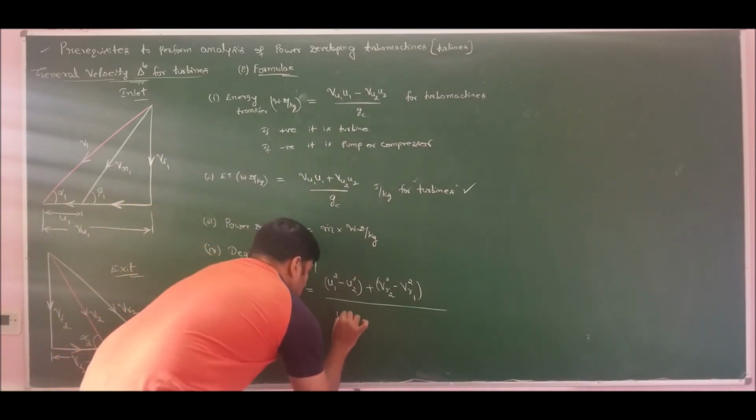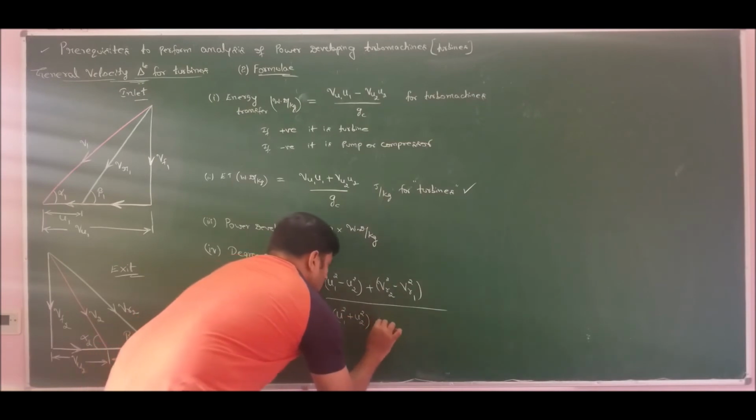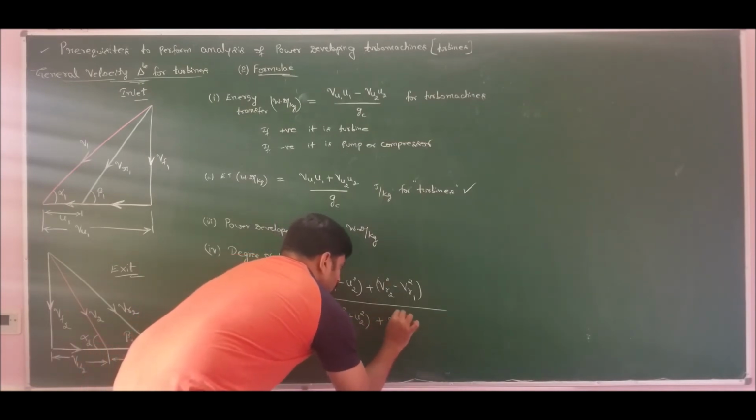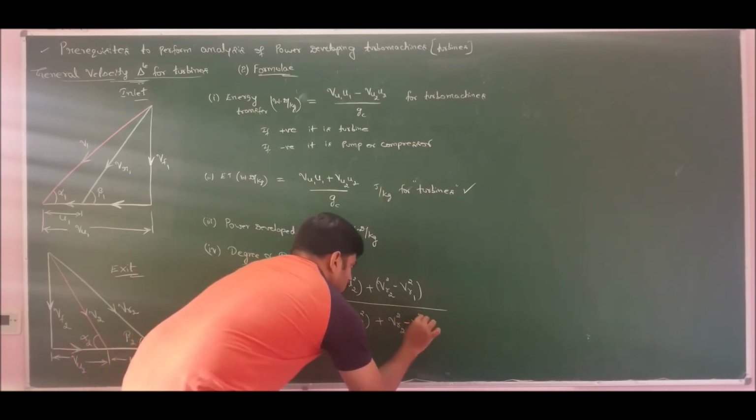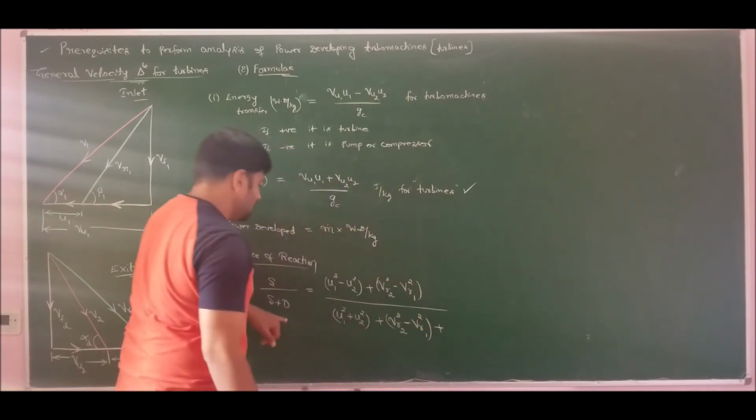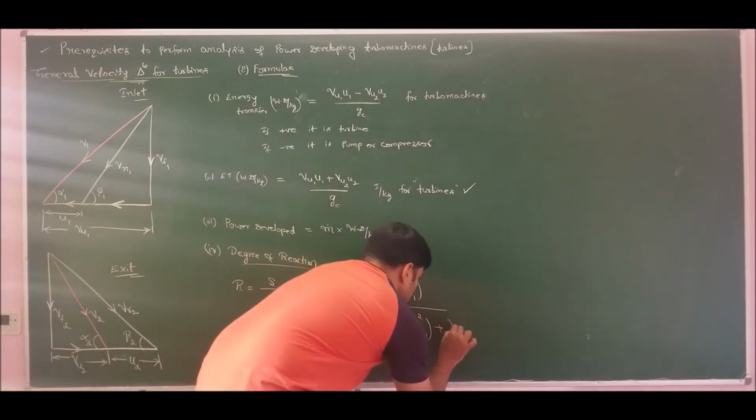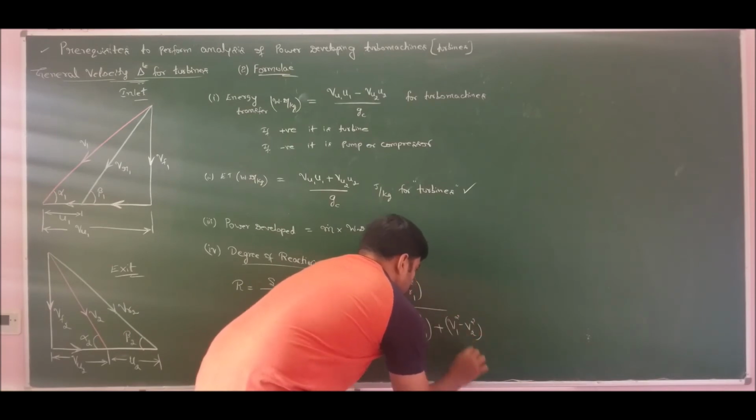Static again is U1 square minus U2 square plus VR2 square minus VR1 square, plus the dynamic component of energy transfer, which is V1 square minus V2 square.